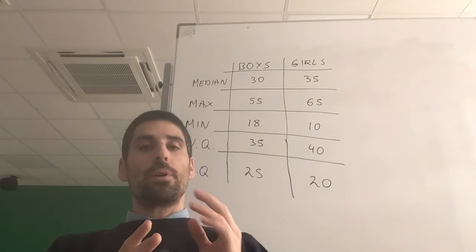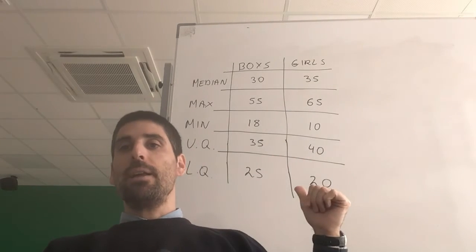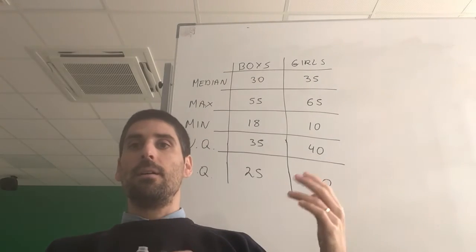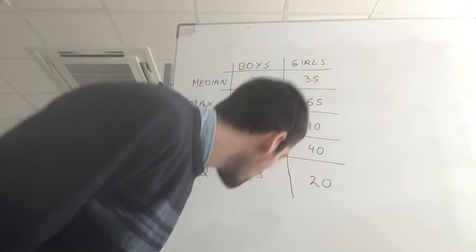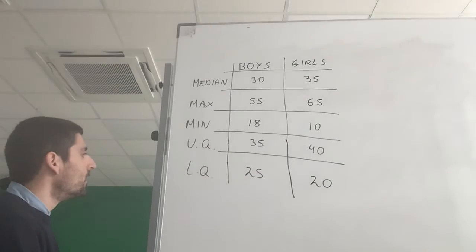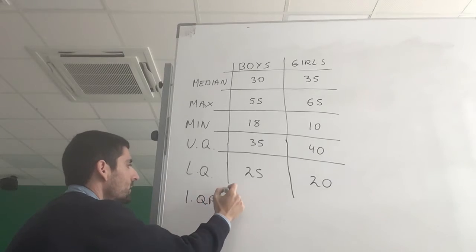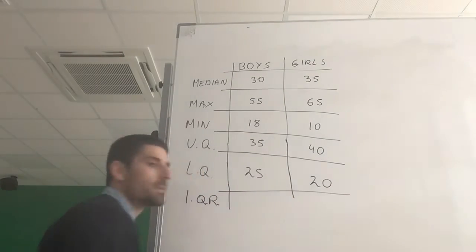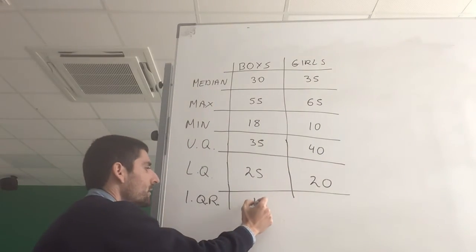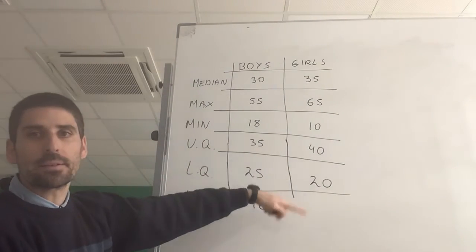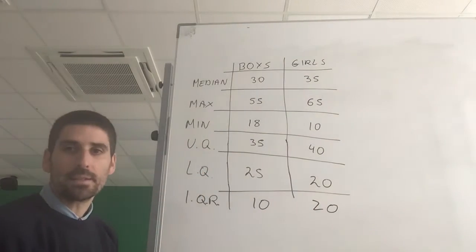And whenever you can, go to the interquartile range, okay? I haven't got it here, but I can calculate it because we know how to do that. The interquartile range for the boys is going to be 10, and the interquartile range for the girls is going to be 20.